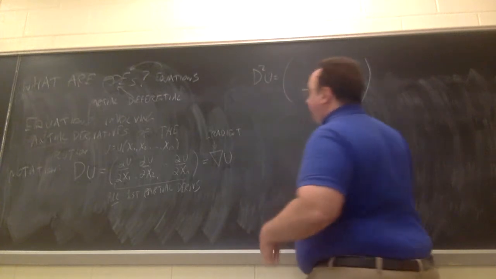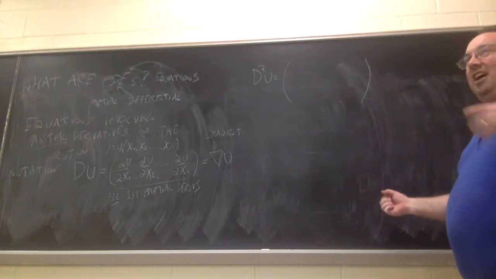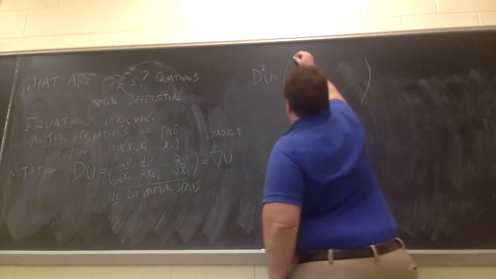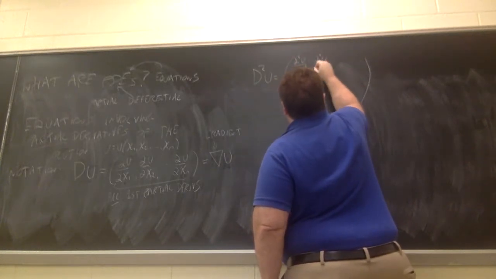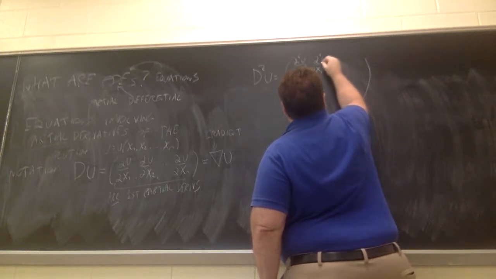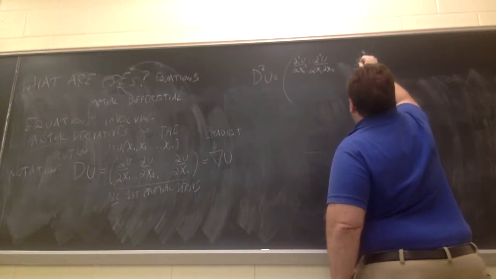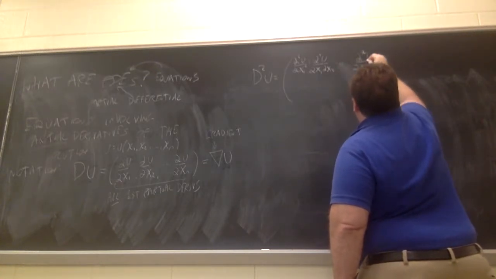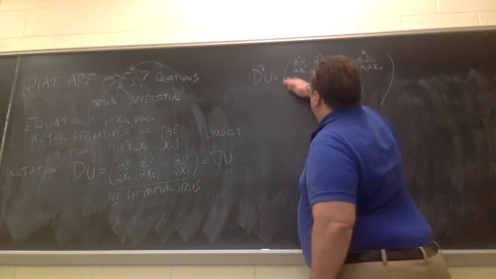Because we can differentiate twice with respect to any combination of those variables, any xi and any other xj, here we have differentiating at least once with respect to x1, but then differentiating a second time with respect to all of the other variables, and that fills the first row.